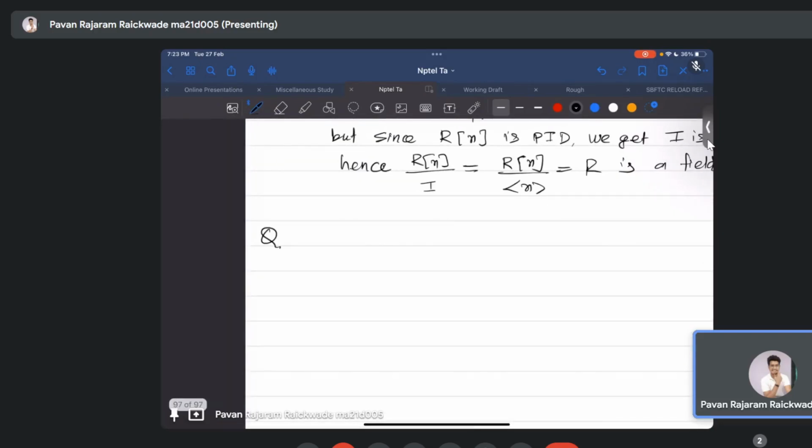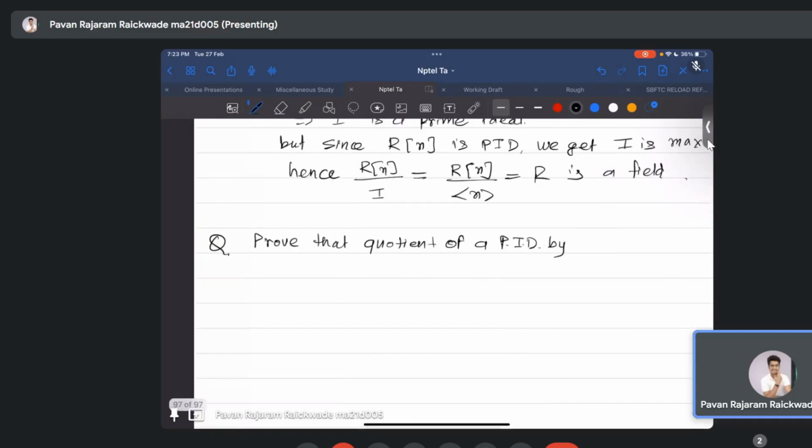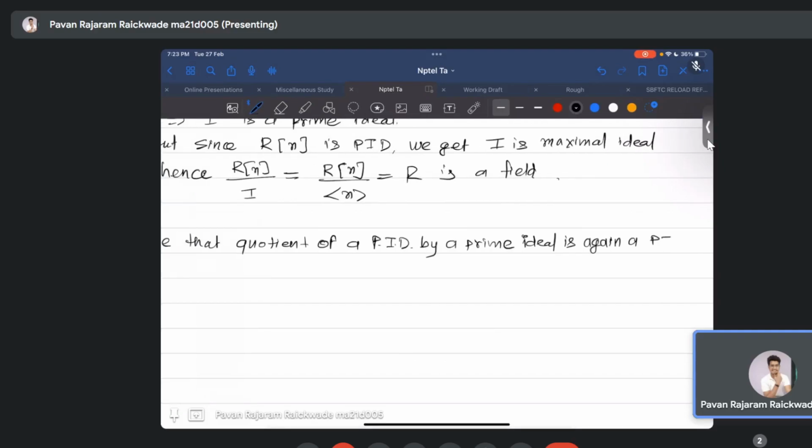This will show that, prove that the quotient of a PID by a prime ideal is again a PID.